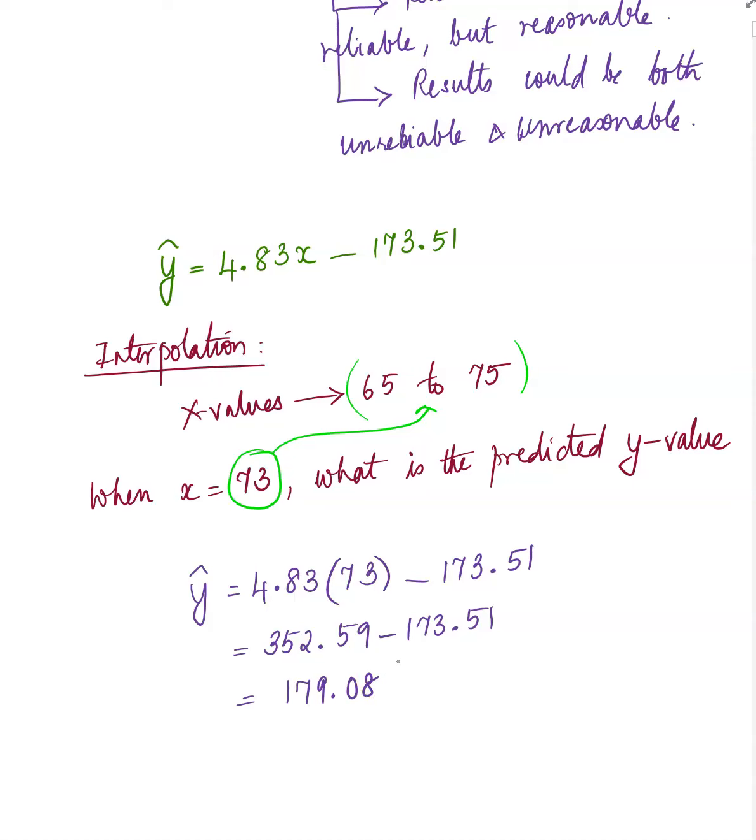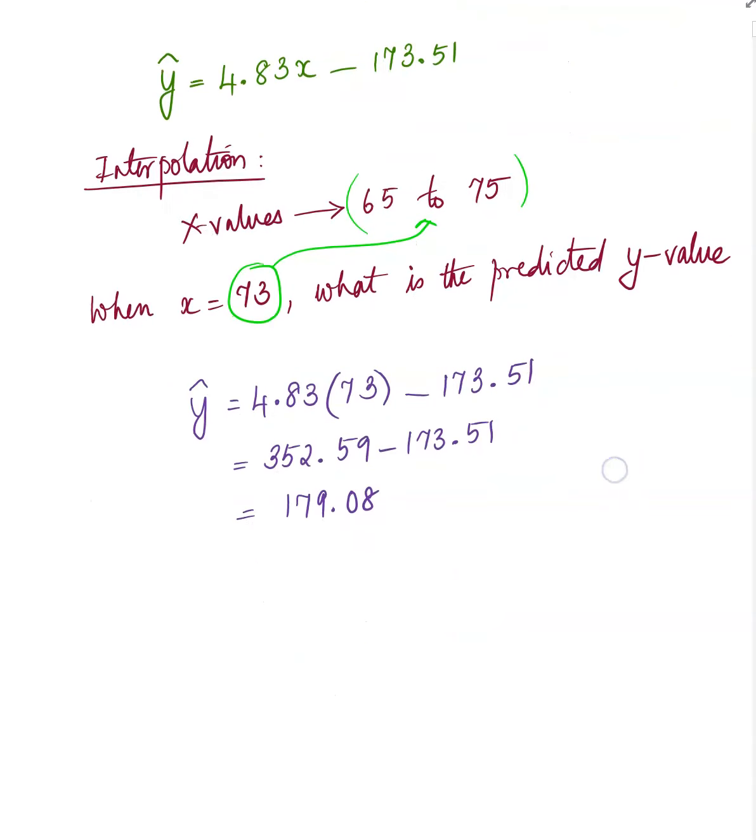So we predict that the statistics students who earn a grade of 73 on the third exam will earn a grade of 179.08 on the final exam. This is on an average, not exactly, right? So students who get this, we predict that they would earn about this value. Okay, they might get 180, they might get 178, but it's going to be in that neighborhood on an average.